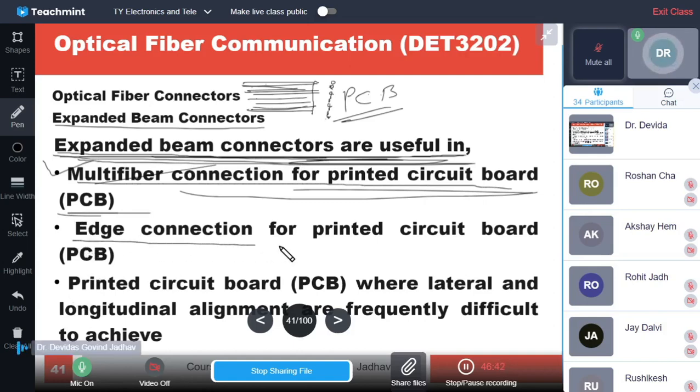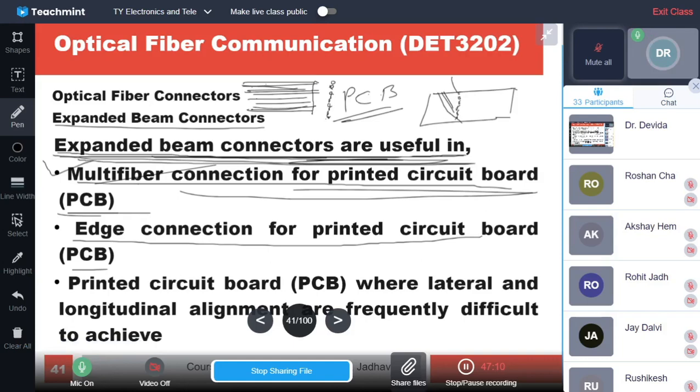Then edge connection for printed circuit board. Okay, edge connections. Similarly, suppose this is a PCB. As we have the multi-connector structure, or multi-connector adapter here, where we can connect this fiber ribbon.